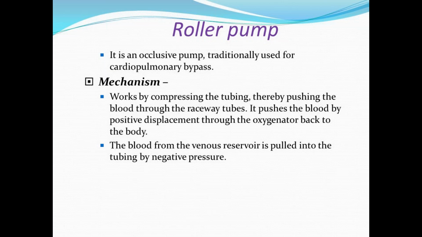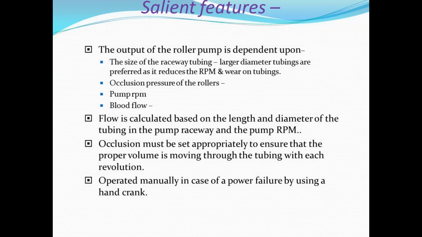The problem with this is that when it goes on for a number of times, it can cause damage to the tube. With the help of RPM, if the occlusion is too light, it will calculate the flow falsely, or if too tight, the flow will be calculated wrongly.